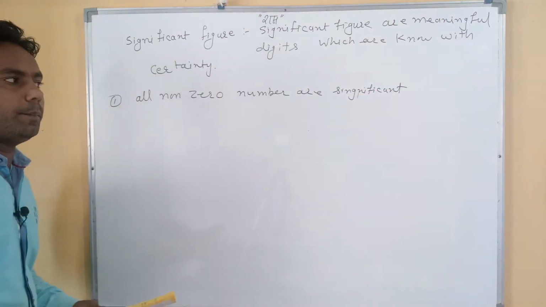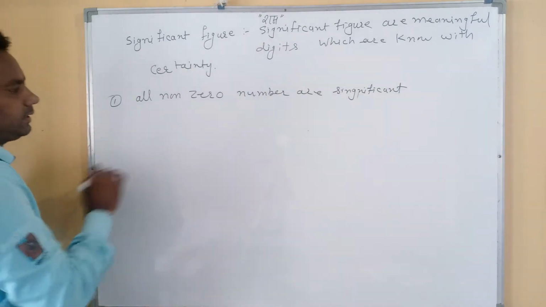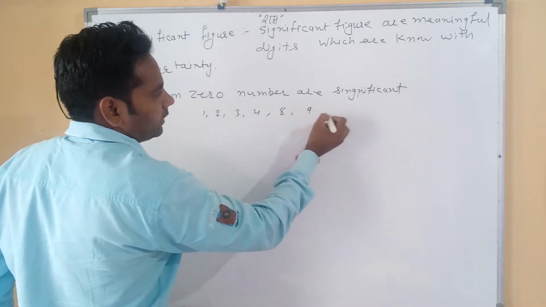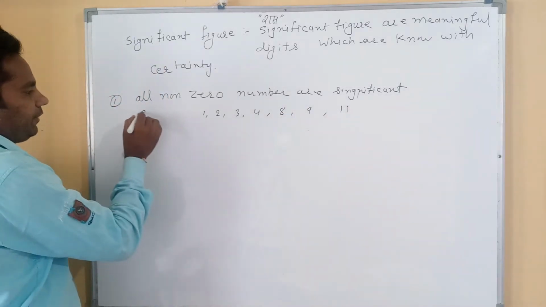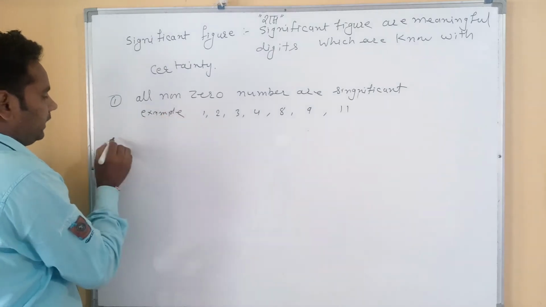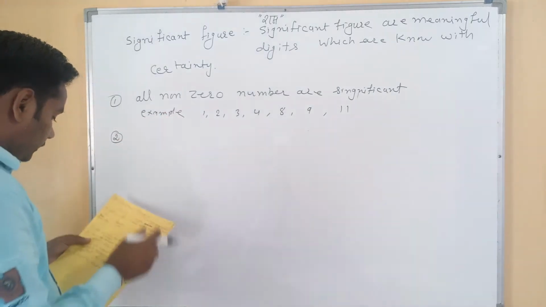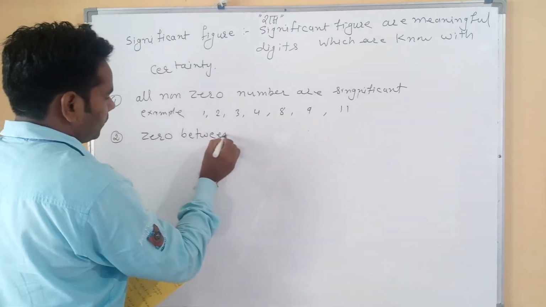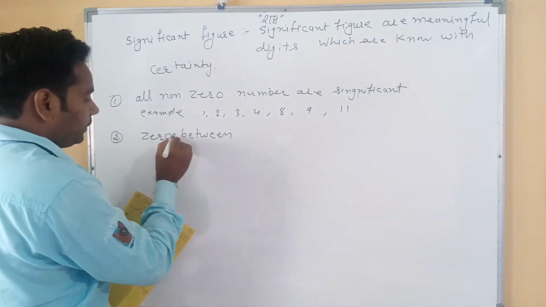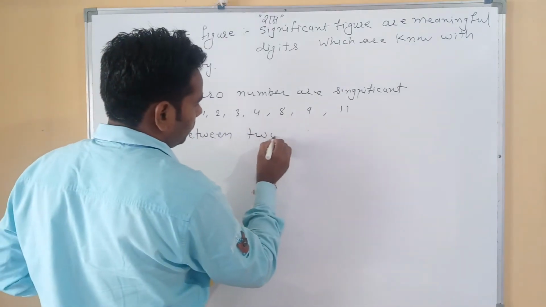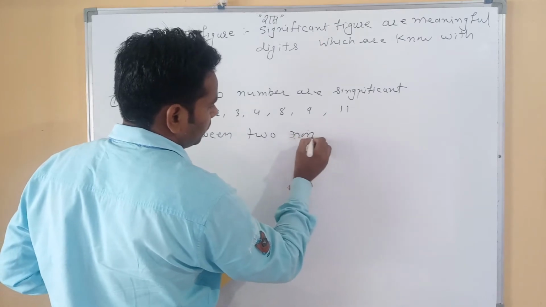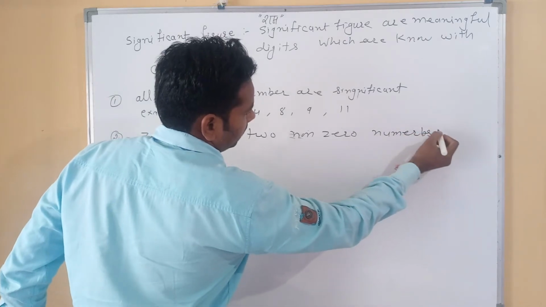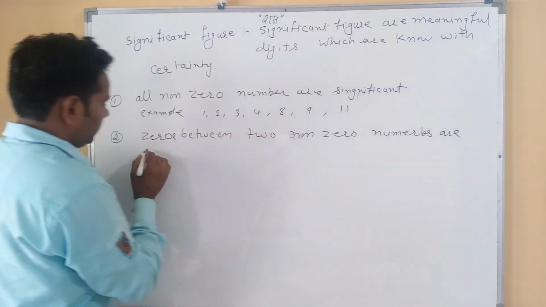All non-zero numbers are significant, like 1, 2, 3, 4, 8, 9, 11, etc. Then second rule is zeros between two non-zero numbers are significant.